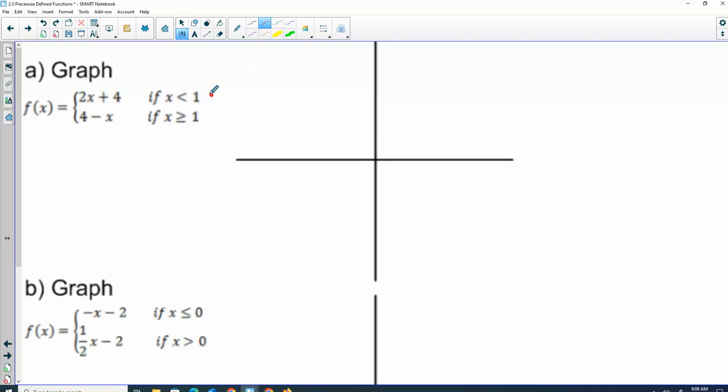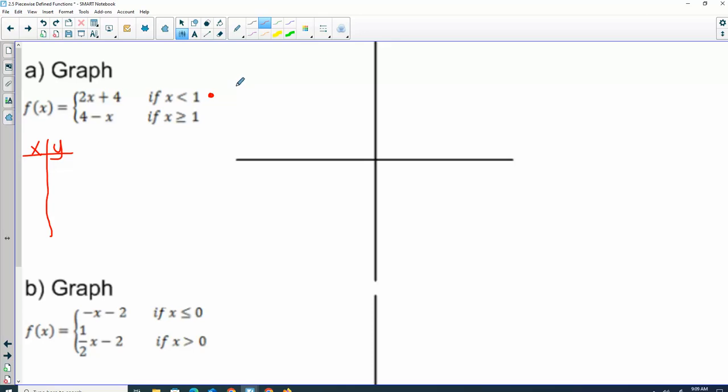For my first one, you have to plug in the correct x values. It says x is less than 1. But can you tell me the first number less than 1? 0 is the whole number, but is 0.9 less than 1?